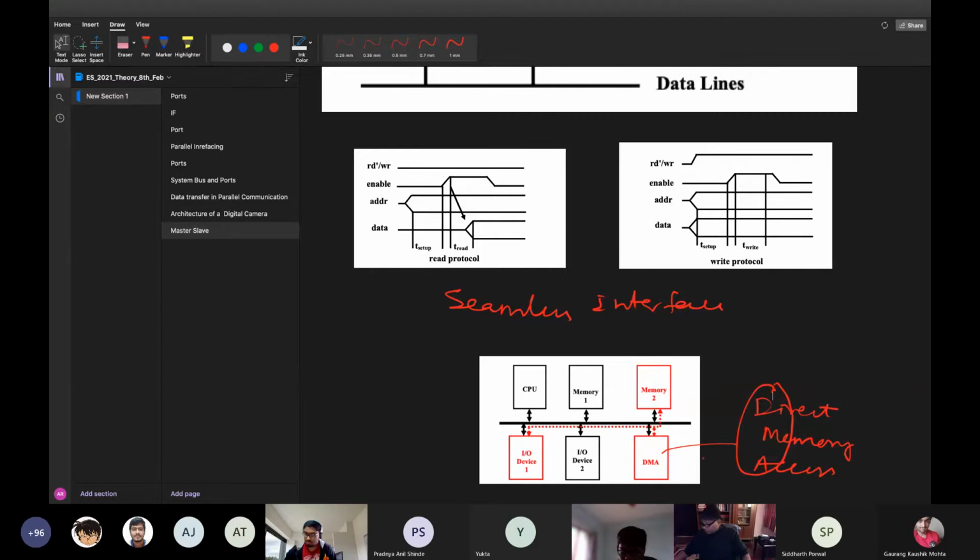This DMA controller is responsible for directly reading memory and putting it into the RAM. So primary RAM to secondary storage or any IO device, it would do directly. You don't have to involve the processor during data transfer. Using DMA, you can have data transfer directly from IO to memory, both ways. It doesn't have to go to the processor. Sometimes the DMA controller is known as an IO processor. It is used just for bulk data transfer. We will study it later.